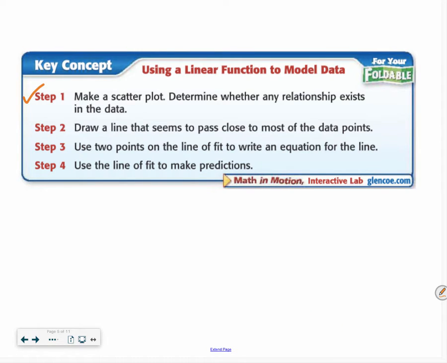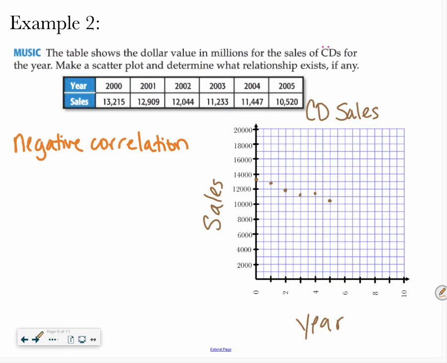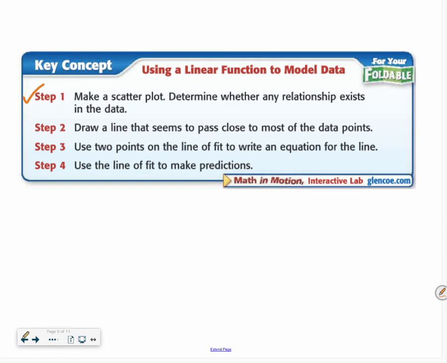I made a scatter plot and I determined whether any relationship exists in the data. Now I want to draw a line that seems to pass close to most of the data points, a line that goes through most of the data points. So I just drew that line and it would keep going. So there's my drawing a line.